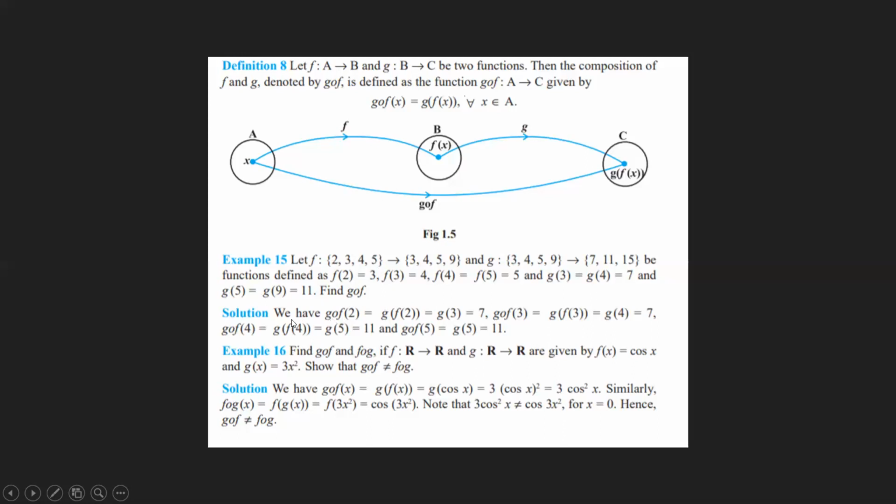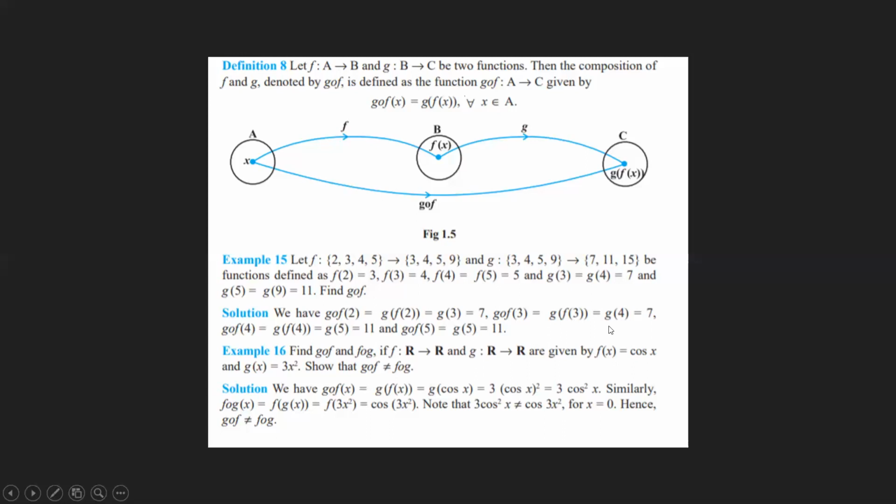So let us find. GOF means G of F2. What is G of F2? F2 is 3. So we will be finding G of 3. And what is G of 3? That is 7. Let's do one more. G of F3. 2 we have done, now we are doing 3. G of F3. You can see from here, F3 is 4.